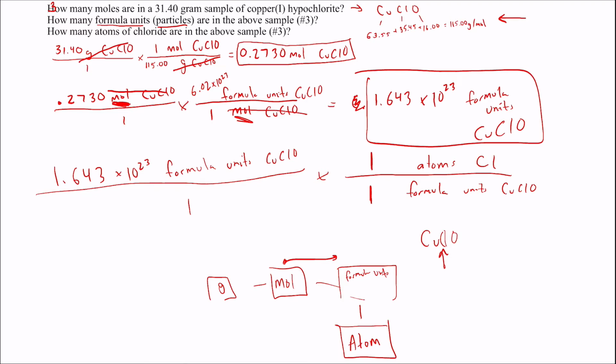So we're going to just have a 1-to-1 ratio. So your answer is actually going to be the same as the one above, but your unit is going to change because we went from formula units to atoms. So now it's going to be 1.643 times 10 to the 23rd atoms of chloride.